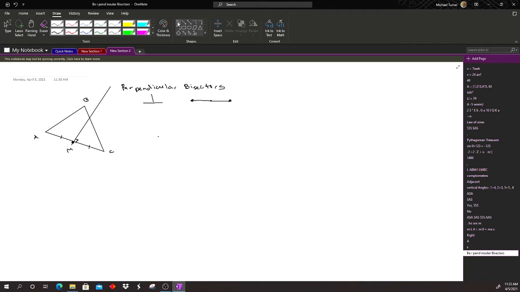And so you're going to do that for all three sides. So I'm going to draw a perpendicular bisector that is cutting AB in half at a 90-degree angle. Again, forming two equal parts, so we'll call that N. So AN and BN are the same. And then lastly, we'll cut BC in half with a perpendicular bisector.